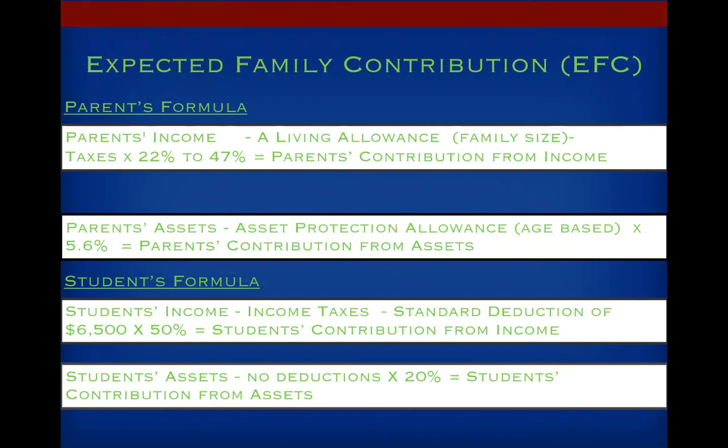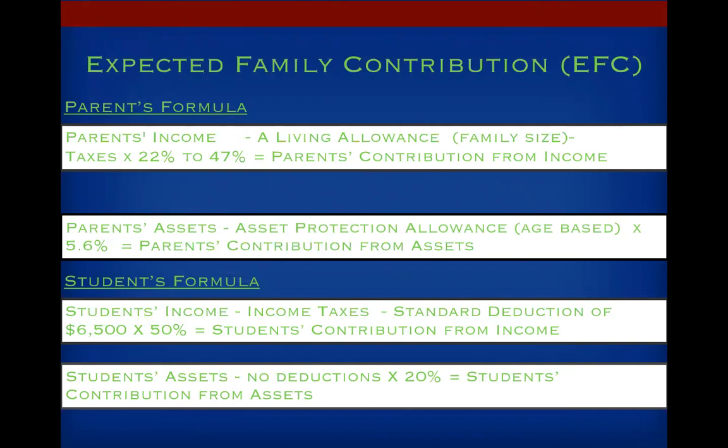Let's use a different equation. Let's say the parents have $100,000 of checking, savings, or money in investments outside of retirement. What will happen is you put the $100,000 on the FAFSA in the parent section for assets. They will back out in the equation $20,000 roughly.